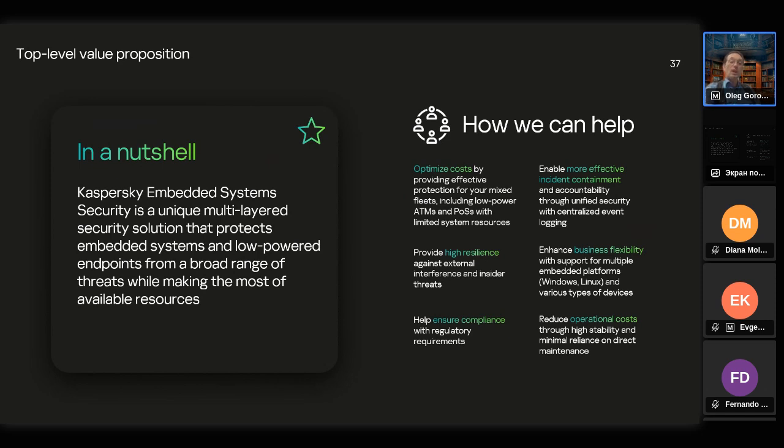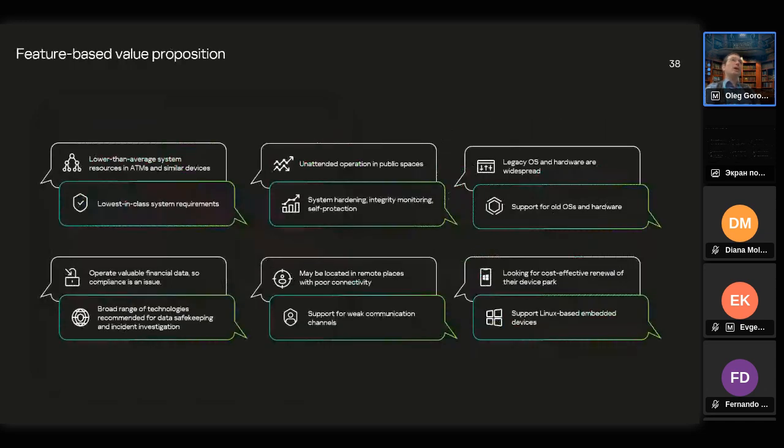So speaking of more about the value proposition, our offering actually presents the lowest in class system requirements. I went through a great deal of competitors' offerings, even those using only system hardening, and even in that our offering was having the lowest system requirements. Maybe I missed something, but so far, it was so.